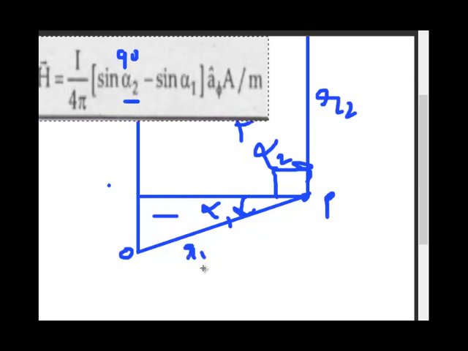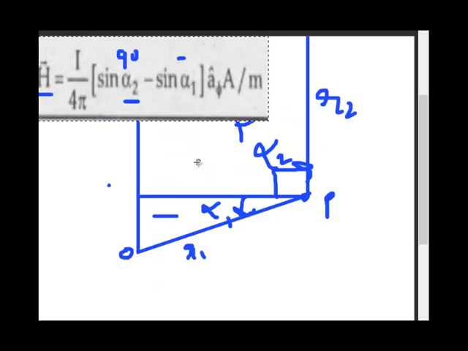Where alpha 1 is negative, so we have to put here minus, and this angle may be 30 degree, so minus 30. Then sine of minus angle will be minus sine angle, and it will be plus sine of 30. So we can obtain H from the same formula for semi-infinite case.